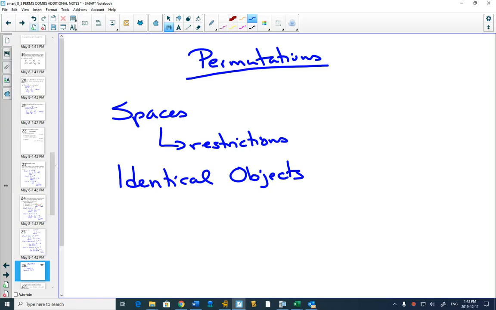So we divided out that identical object. Identical objects also showed up with the pathways going north, north, east, east, north, east, north. So we could solve questions like that with identical objects. So your job with identical objects is to say, is there something in this question that is exactly the same as something else? So if I switch them around, it actually isn't something new.